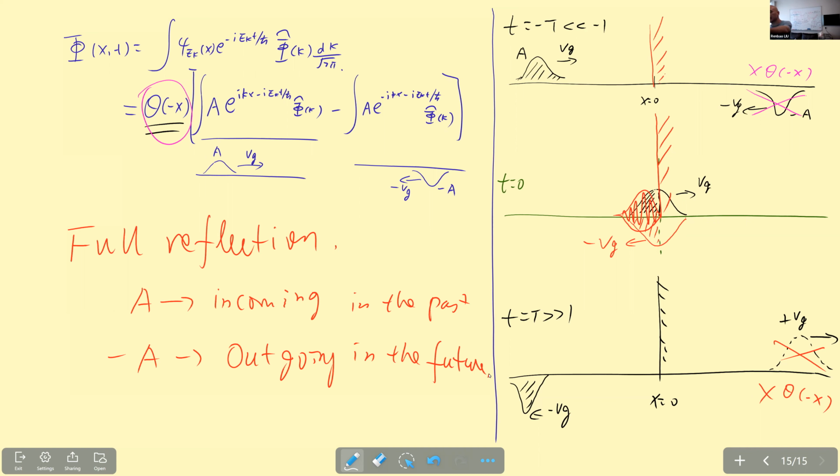If we don't consider theta(-x), you have two wave packets of opposite amplitude, one moving from left to right and one from right to left, meeting at the center, then separating and moving again in opposite directions. But for the physical case, you need to consider theta(-x). There's only one wave packet moving from left to the center, reflected by the wall, and then moving from the center to the left.